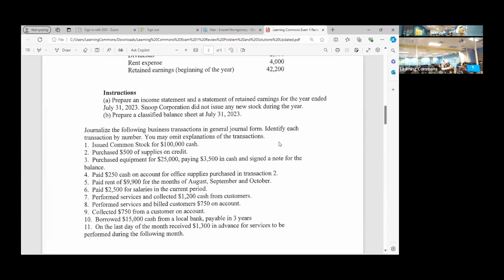You've got to have a debit, you've got to have a credit, and the debits and the credits must balance in every transaction.